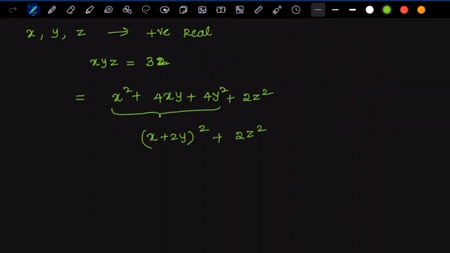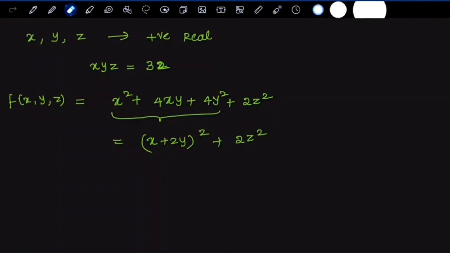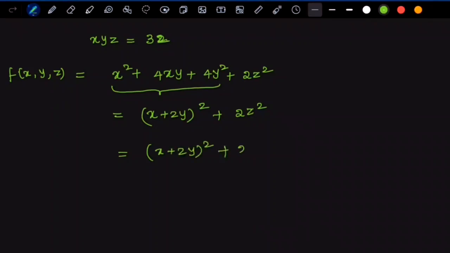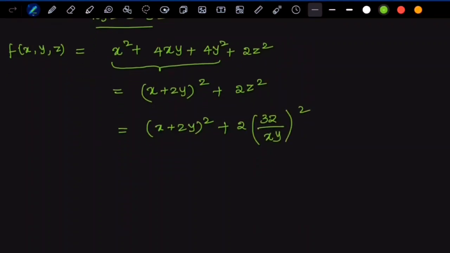So let us assume this function is f of x comma y comma z. Now, this is simply x plus 2y whole square plus 2 into, we know z is 32 divided by xy, whole square.